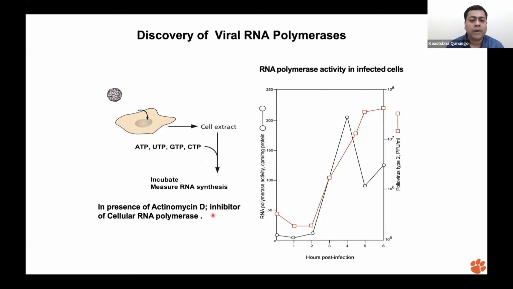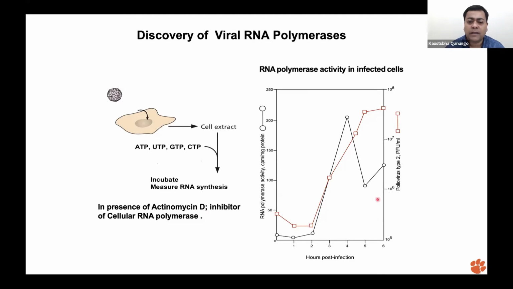Actinomycin D is an inhibitor of the cellular RNA polymerase, meaning the DNA-dependent RNA polymerase, which actually does transcription in a mammalian cell or any eukaryotic cell. Actinomycin D will not allow that RNA polymerase to produce any RNA. So if you add the hot, radio-labeled GTP and the other nucleotides after you have inhibited the RNA polymerase, and anything actually happens, then there must be something different.